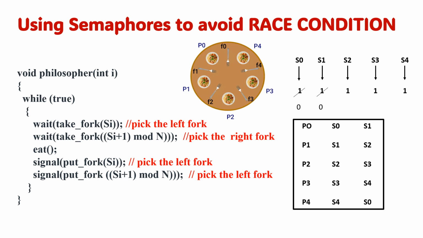So you can see here across the table, P0 and P2 are independent and they would require different forks. So both of them can eat together. P1 and P4 also can eat together. P0 and P3 can also eat together because they are independent of each other and they can use the resources if they are available.